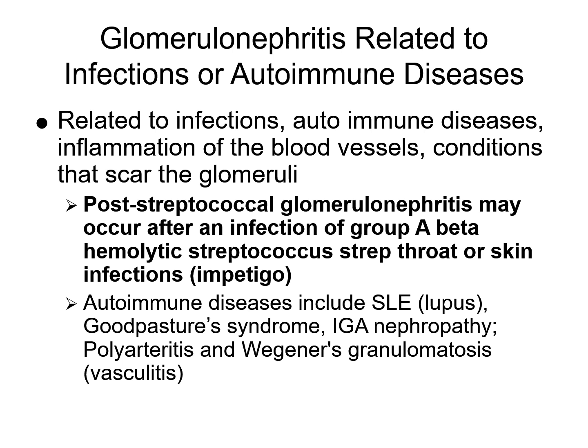Also, there are some autoimmune diseases such as lupus, Goodpasture syndrome, IgA nephropathy. That is one of our immunoglobulins, and polyarteritis, and Wegener's granulomatosis, which is also a vasculitis.